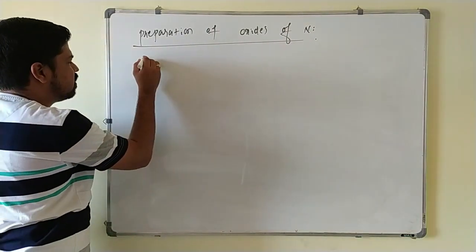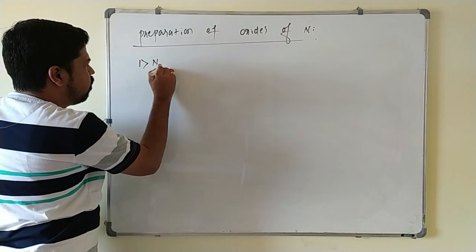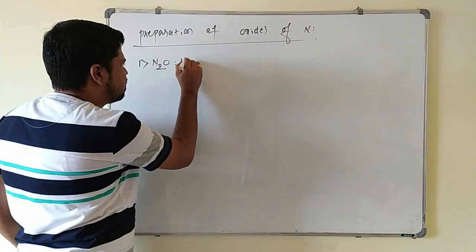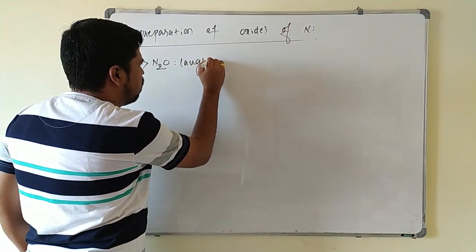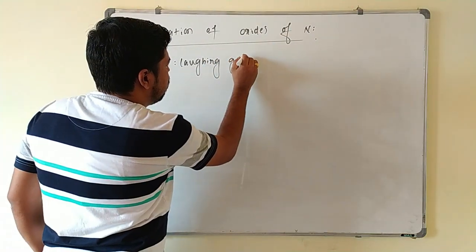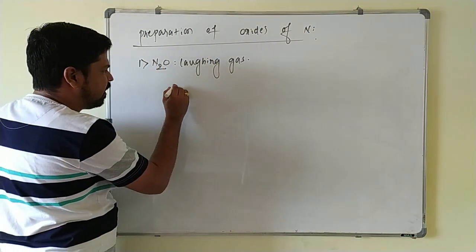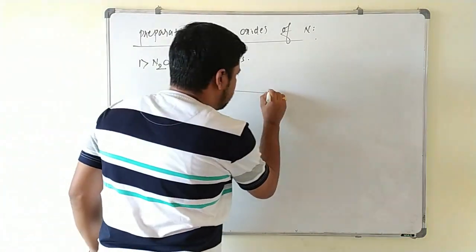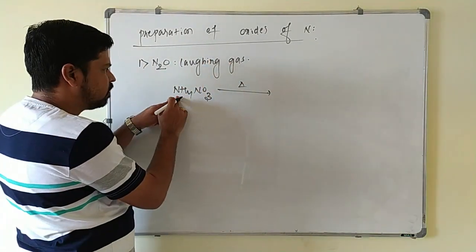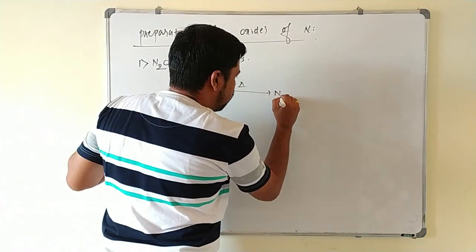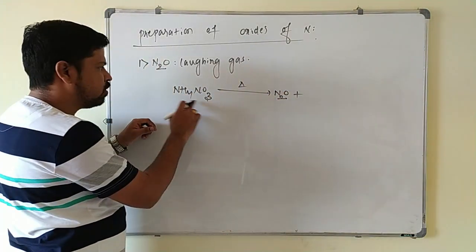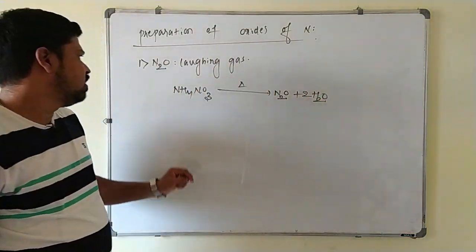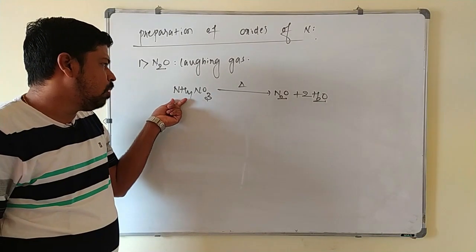First, the preparation of N2O, nitrous oxide, which is nothing but laughing gas. This is obtained just by heating ammonium nitrate. It gives N2O plus 4 hydrogen and 2 oxygen, forming 2 moles of water.